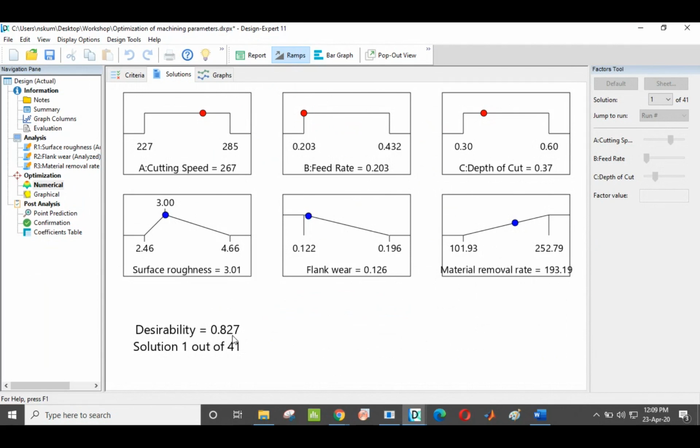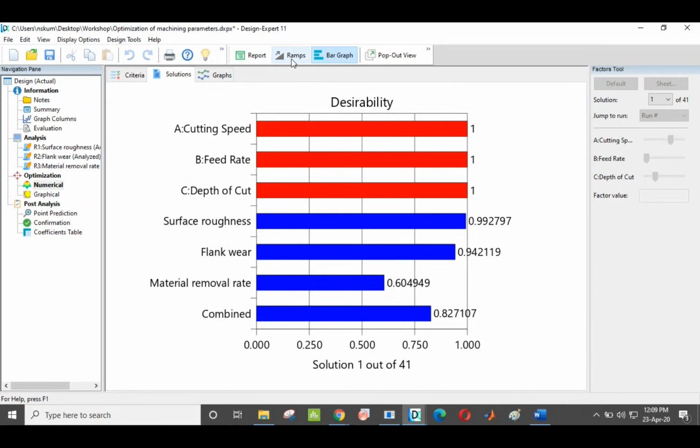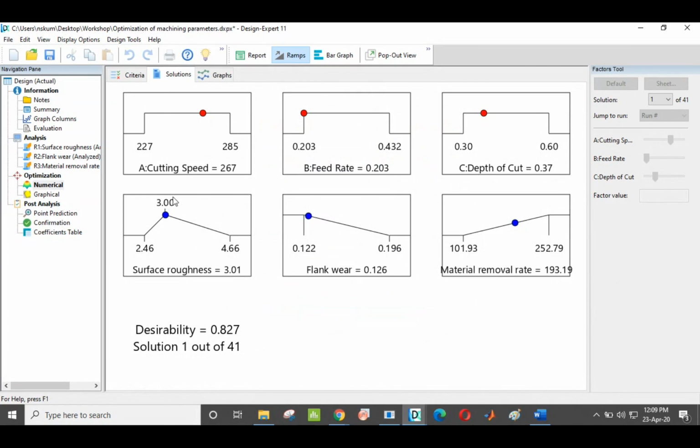For this the desirability is 0.82. Previously it was 0.75. Now with the constrained optimization, the desirability value has also increased. So this is the difference between the unconstrained and constrained optimization using Design Expert, that is RSM in Design Expert.